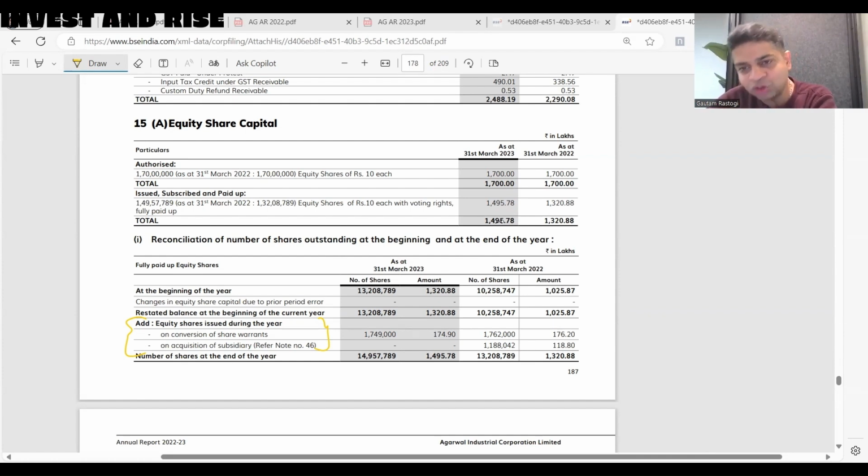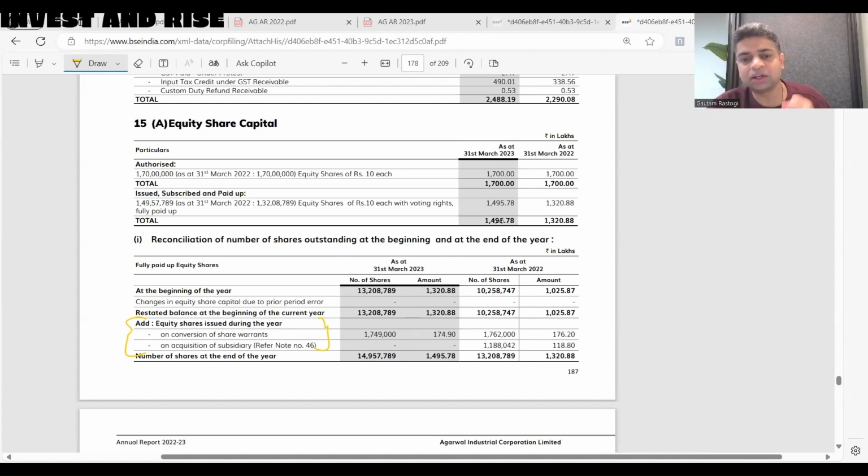So see, issue of warrants, एक बार, once it's okay, but if this company has been issuing warrants many a time, then that's not a very good sign because it represents that promoters are not very minority shareholder friendly. Okay, because you're essentially able to buy a stake in the company at a very discounted price.